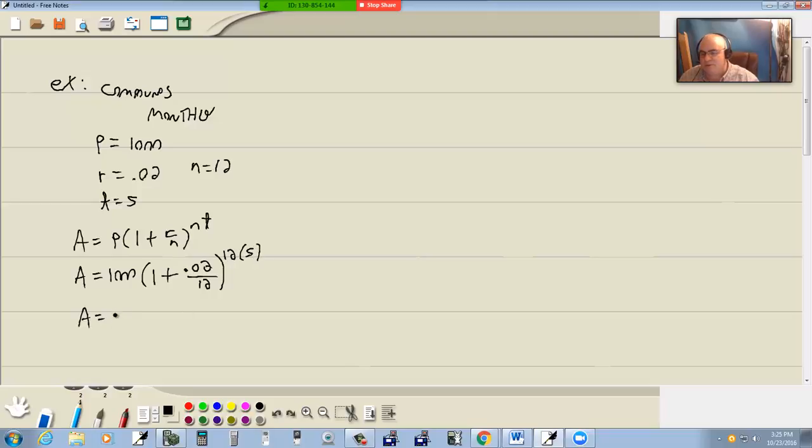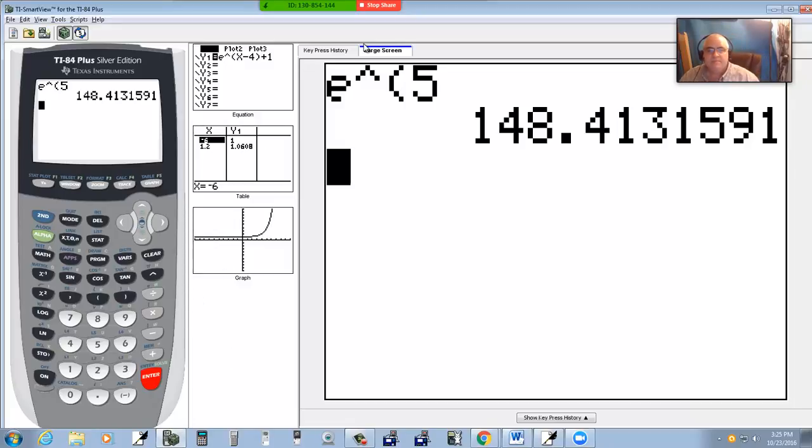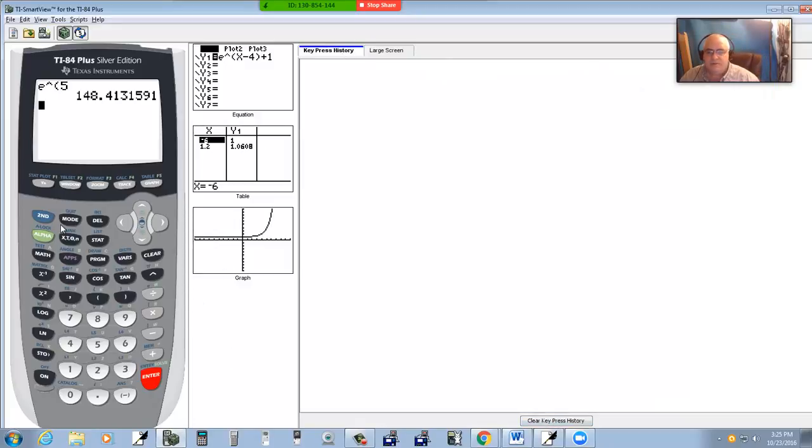Usually it's best to do a little bit of math before you plug this in your calculator. Specifically, I'm talking about with the exponent. 12 times 5 is 60. Okay, so I'm going to do a y equals. Actually, forget that. I'm not in the y equals. Do a clear in 1,000.